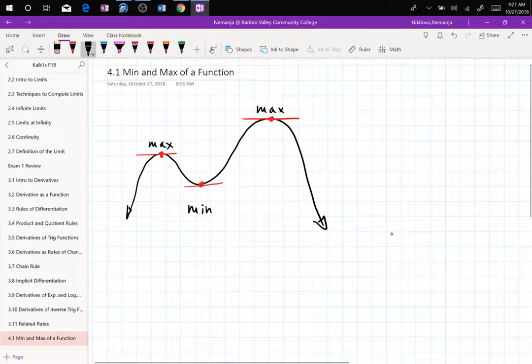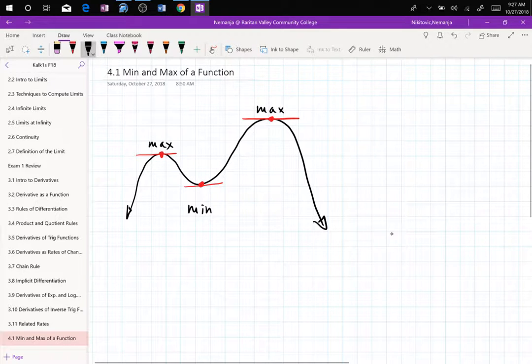Sure, we can all spot min and max values very quickly. We know what they are, what they mean, right? The highest point and lowest point. But calculus is a little bit more picky than that. There are different types of min and max.